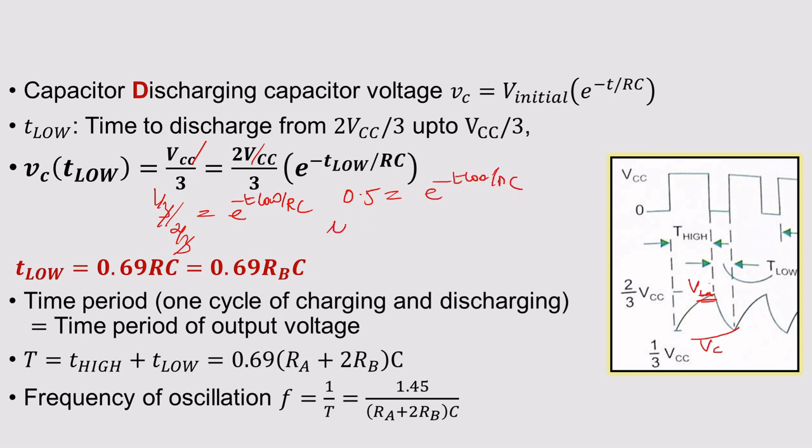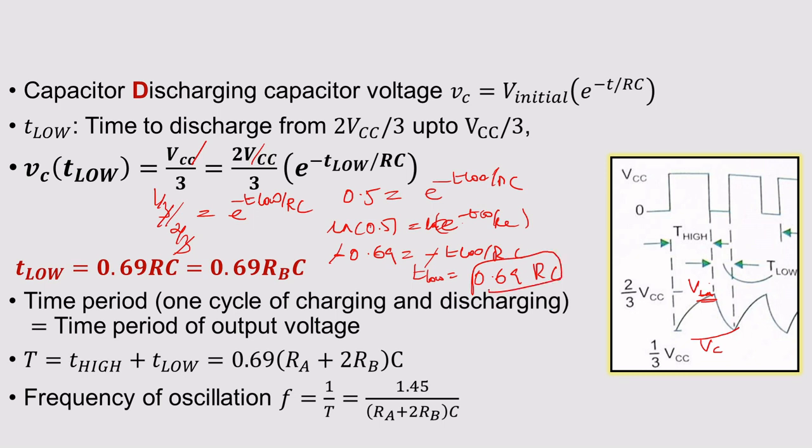If you take the natural logarithm, you will be getting minus 0.69 equals minus T low by RC. So this will get cancelled, and T low equals 0.69 into RC. So this is the time period for the discharging period.